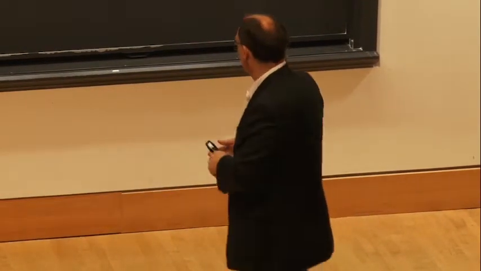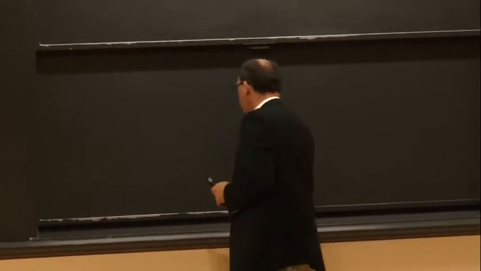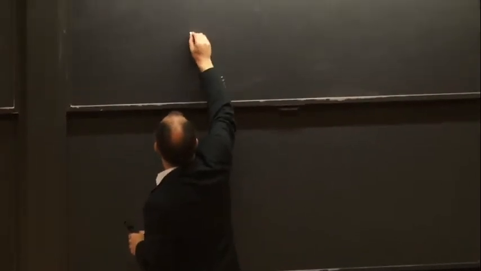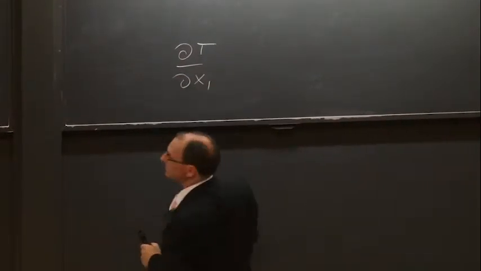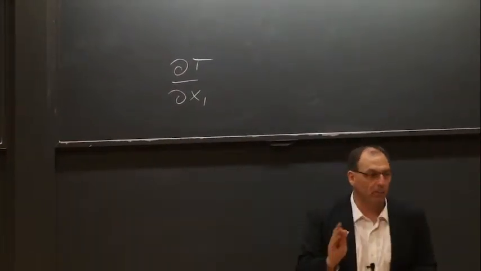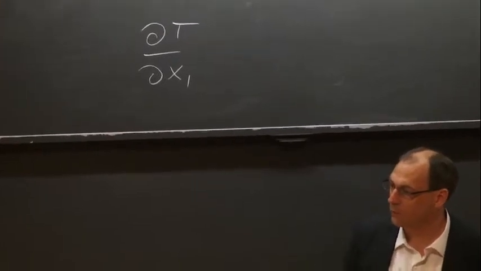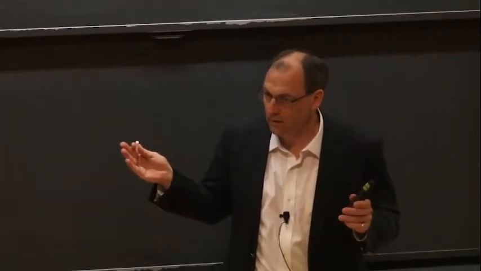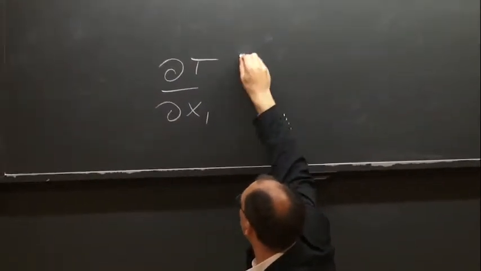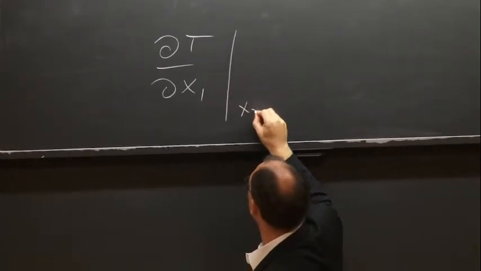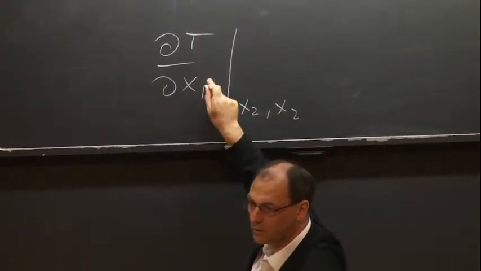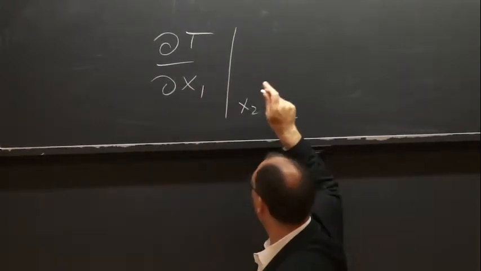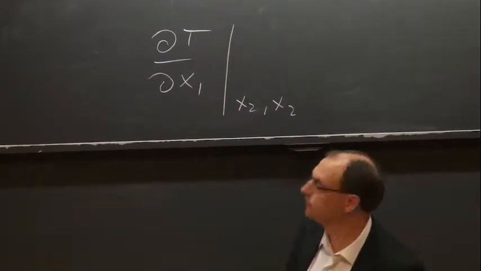Okay? Why is that important? Because if I write dT by dx1, this has a very clear meaning only if I know x2 and x3. This is the change of the temperature with x1, but keeping x2 and x3 the same.